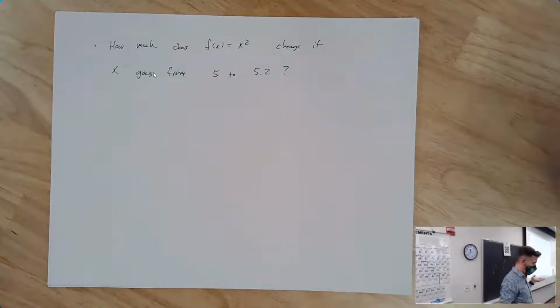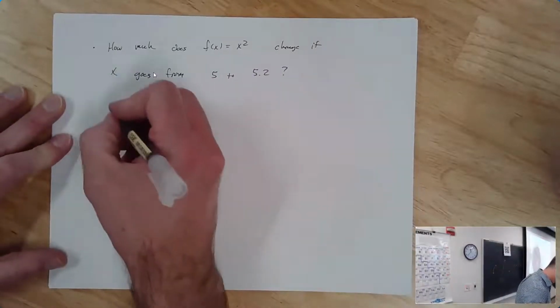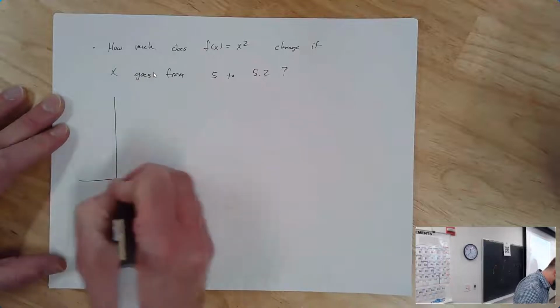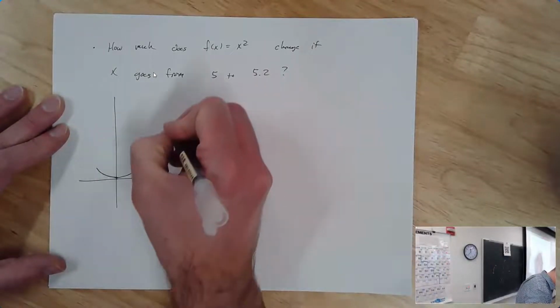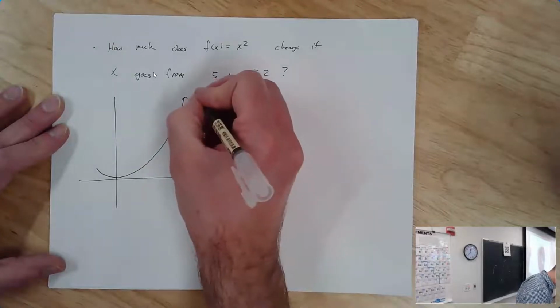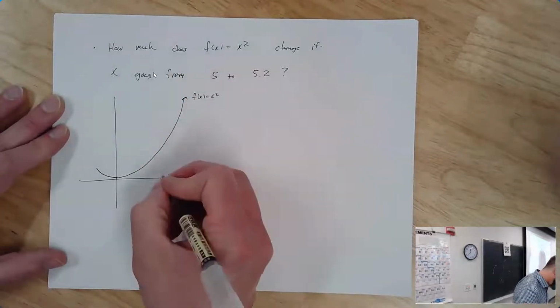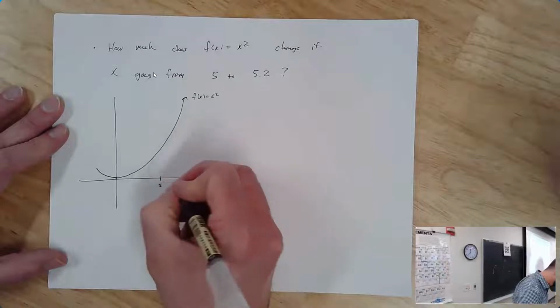We're going to actually calculate this, and then we're going to approximate it. So let's draw a picture. Here's f of x equal to x squared. Say here's 5.2.